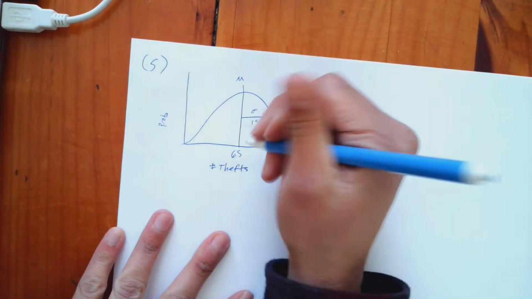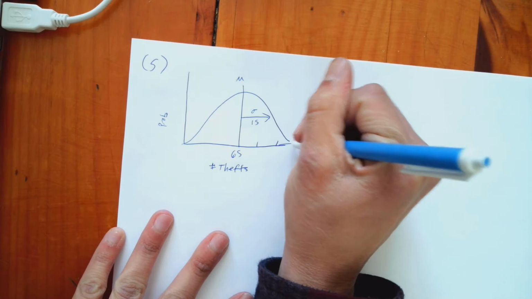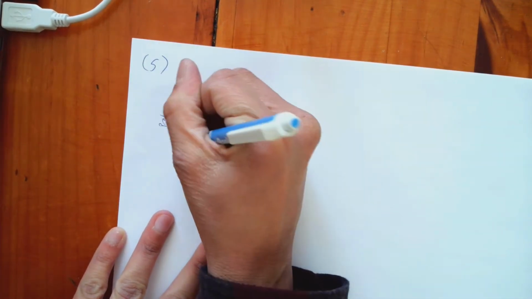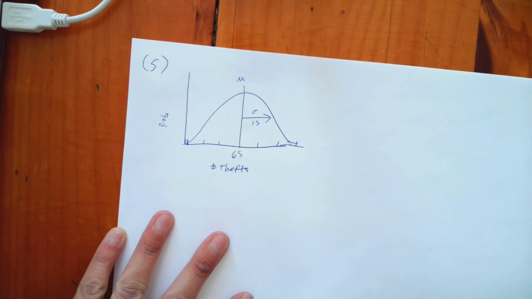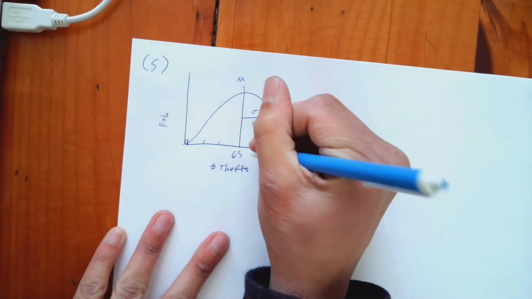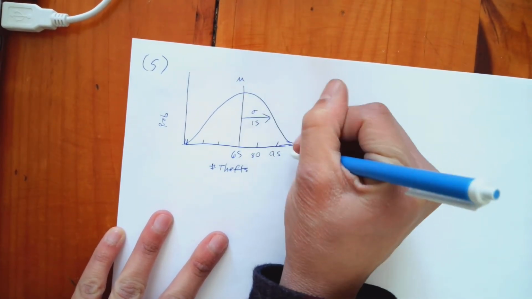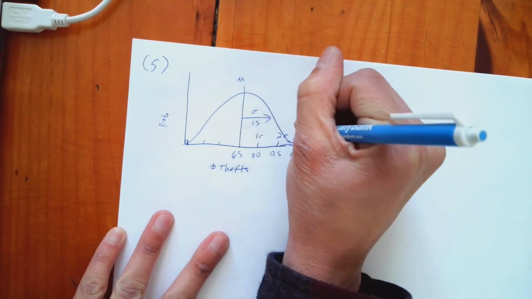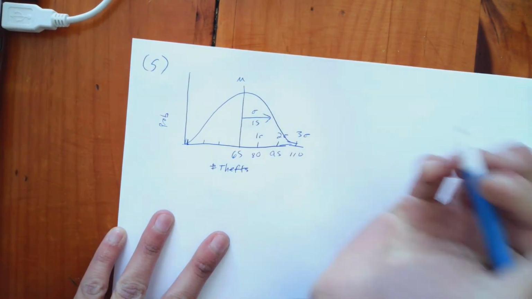As we figured out before, you can mark off 1, 2, and 3 standard deviations on this table, and you get 80, 95, and 110 for 1, 2, and 3 going in a positive direction.